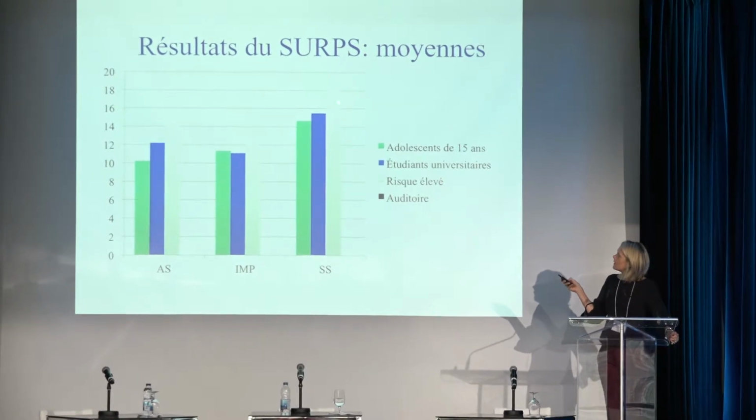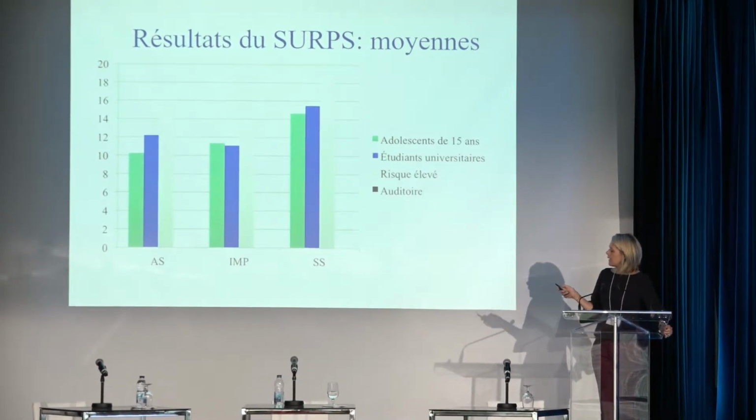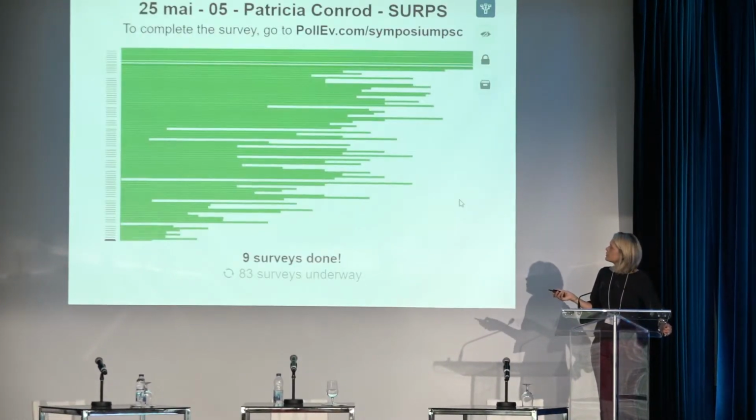I'm not sure why it's not on this chart, but we are using an actuarial approach, and that means that we select the youth with a standard deviation that is a little above the norm and the standard. So they're at risk compared to the average population.